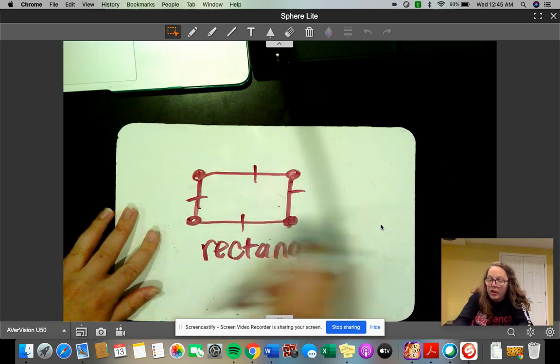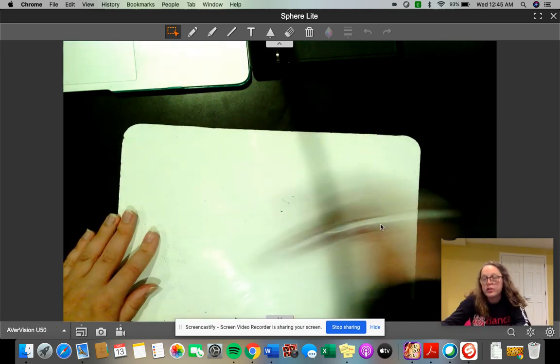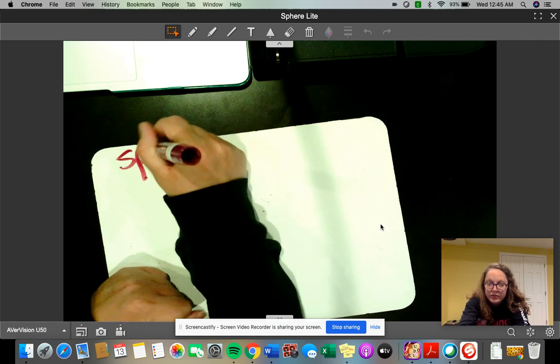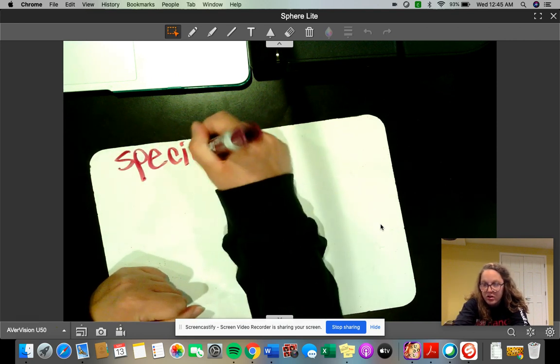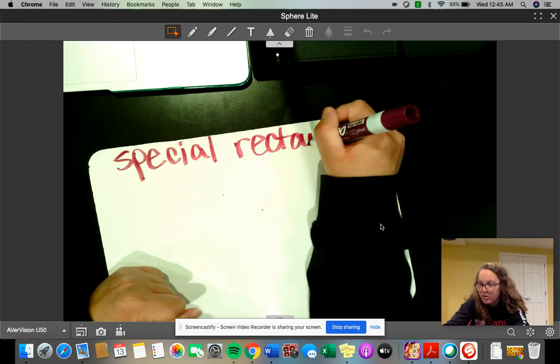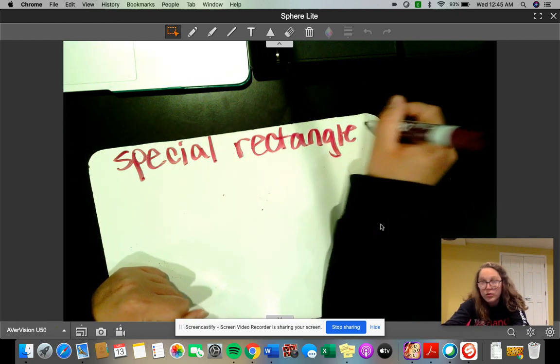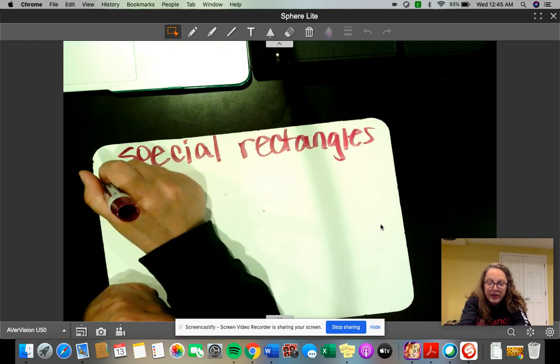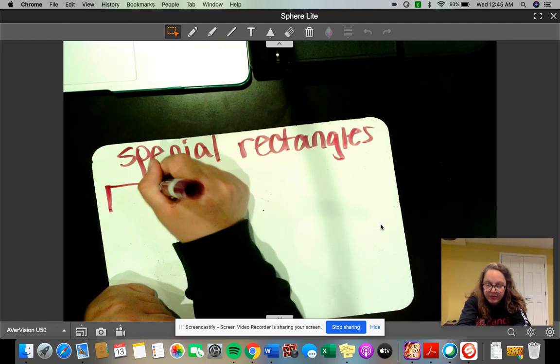Now there are different kinds of rectangles called special rectangles. So we're just going to draw a regular rectangle first.